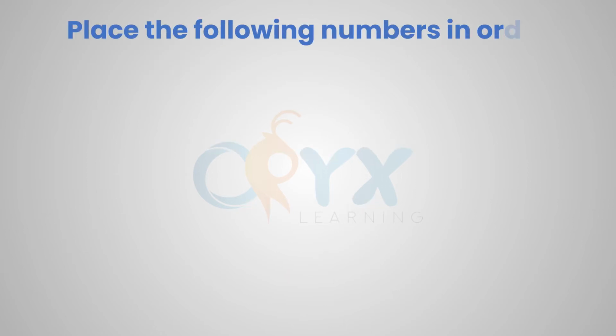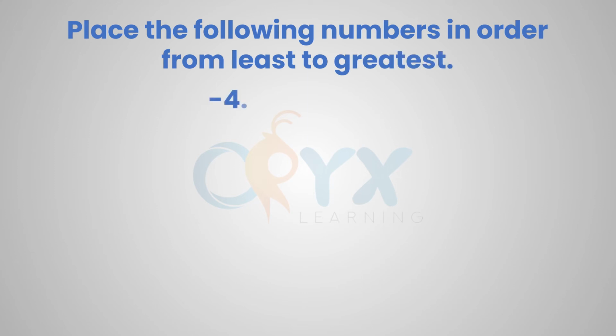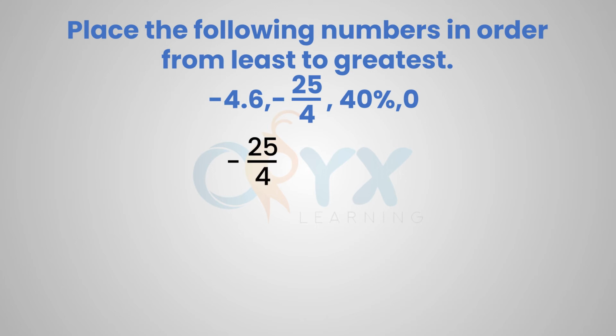Place the following numbers in order from least to greatest. So we have -4.6, -25/4, 40%, and 0. Once again, when comparing numbers, it's easiest if they're all in the same form, in this case, decimal form. So -4.6 is already in a decimal form. -25 divided by 4, using our long division, is -6.25. 40% means 40 out of 100, or 40 over 100, which is 0.40, and 0 is also in decimal form.